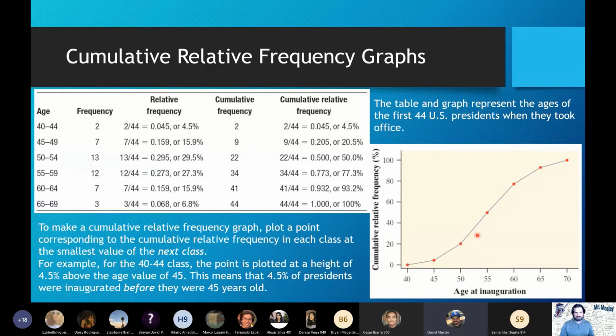And so then we get this little curve that allows us to see the distribution as a cumulative thing. Once we get up to 70, this should be 100%. If it's not, then we made an error somewhere. 100% of presidents were younger than 70 when they took office. There was no president that was 70 years old or older.